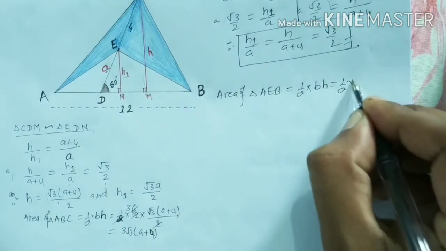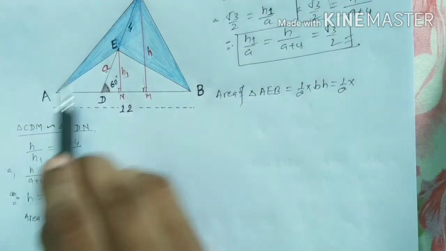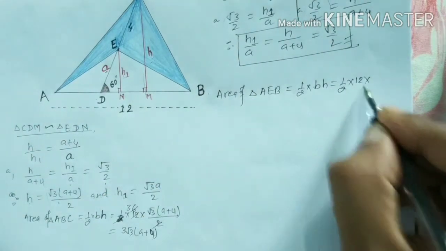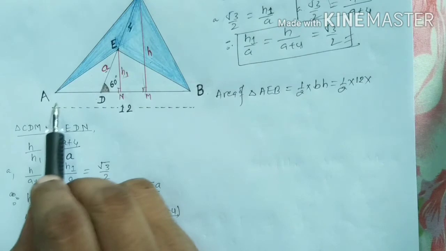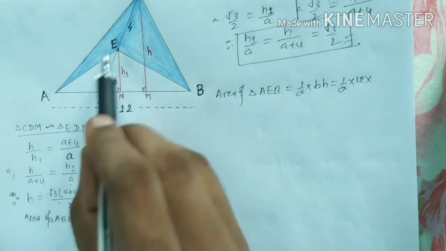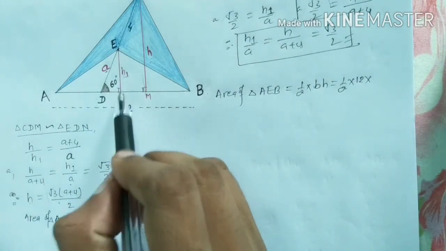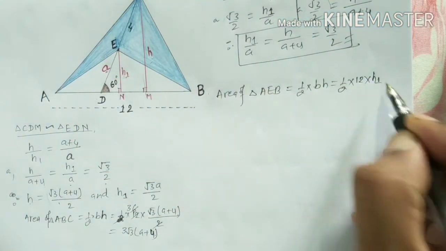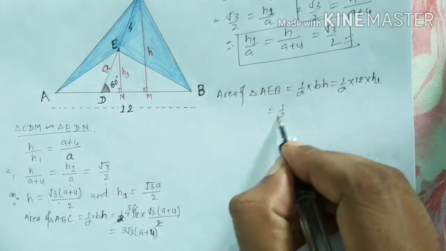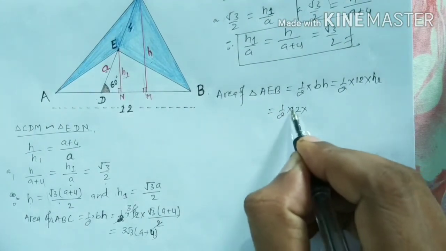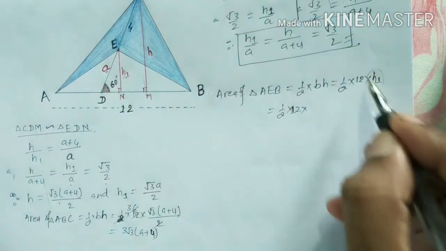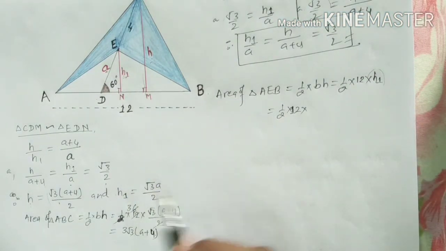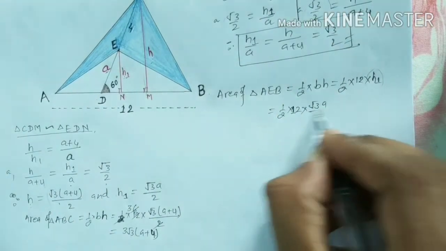Triangle AEB has also the same base here, 12, and its height is h1. Now we can put the value of h1. So 1 by 2 times base 12 into the value of h1, which you can see here is root 3a by 2.